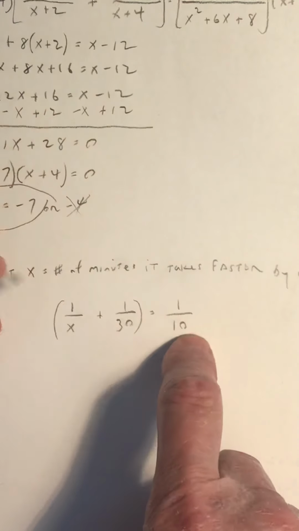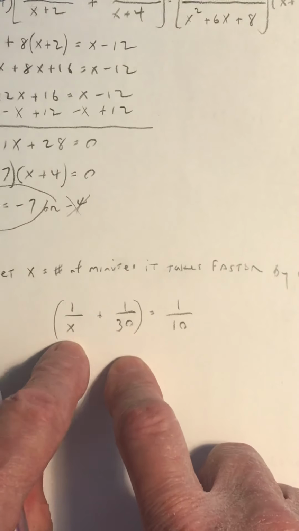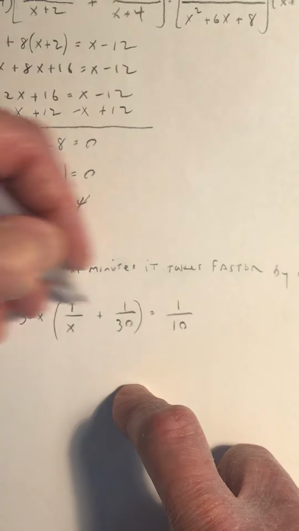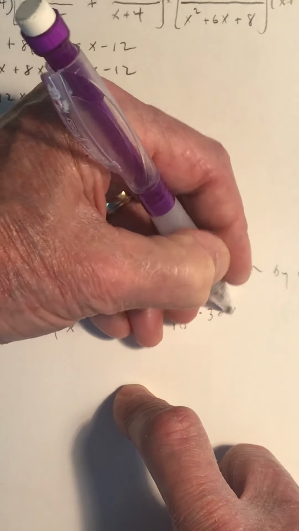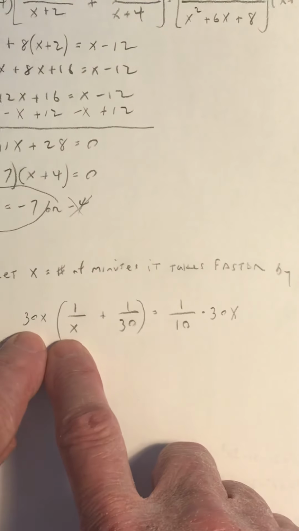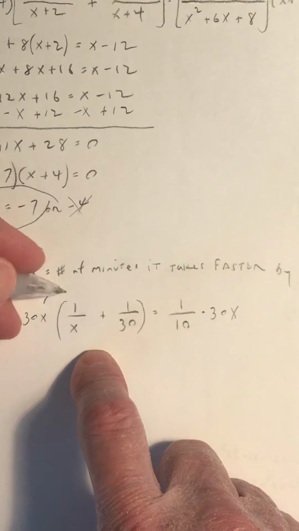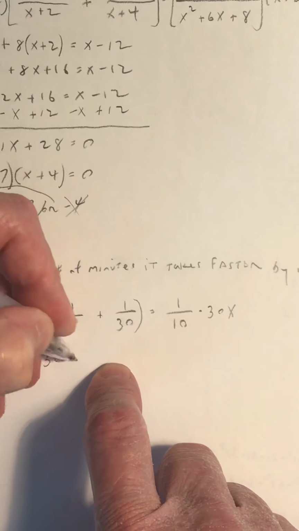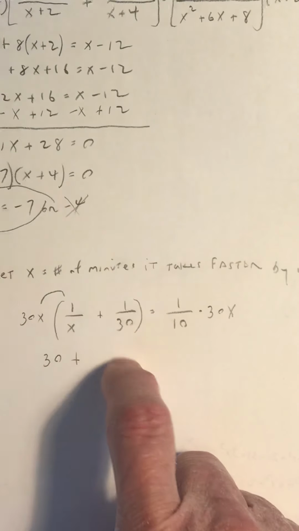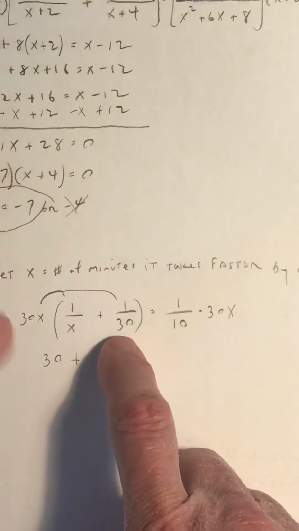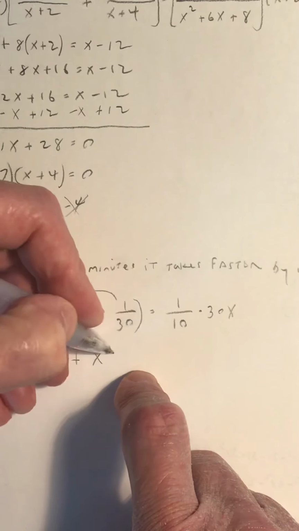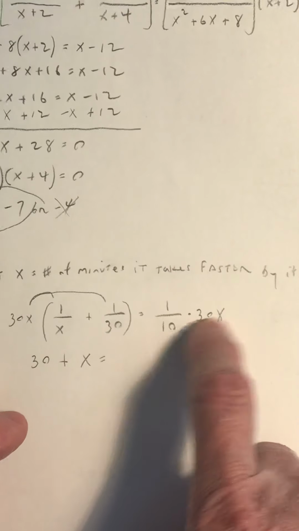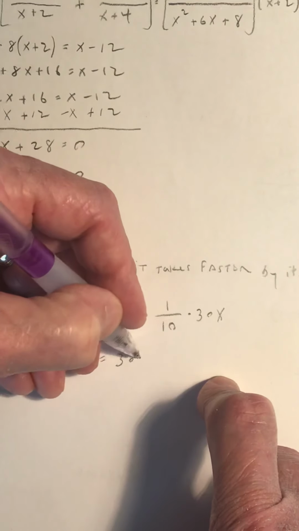So I'm going to multiply both sides by the least common multiple of x and 30 and 10. And that would be 30x. And on this side, again, distributive property, the x's cancel, and you have 30 times 1 is 30. Then plus, the 30's cancel, and you just have x. And on the right-hand side, 10 goes into 30 3 times, so we have 3x.